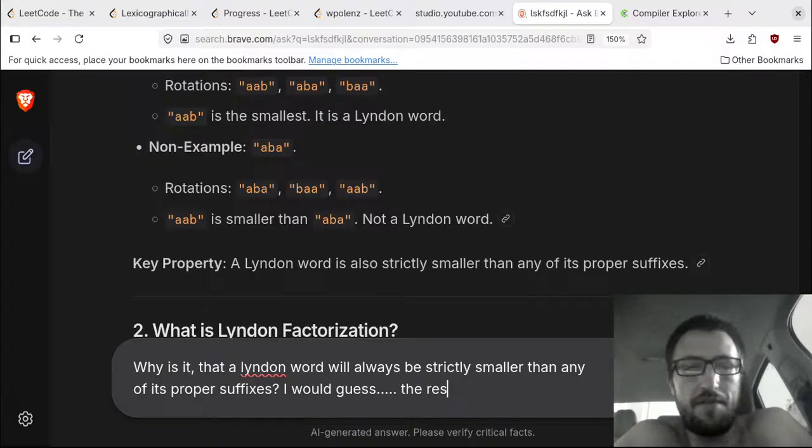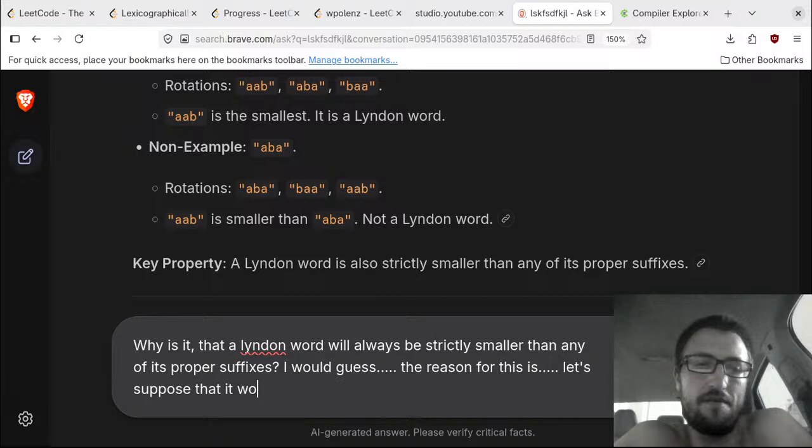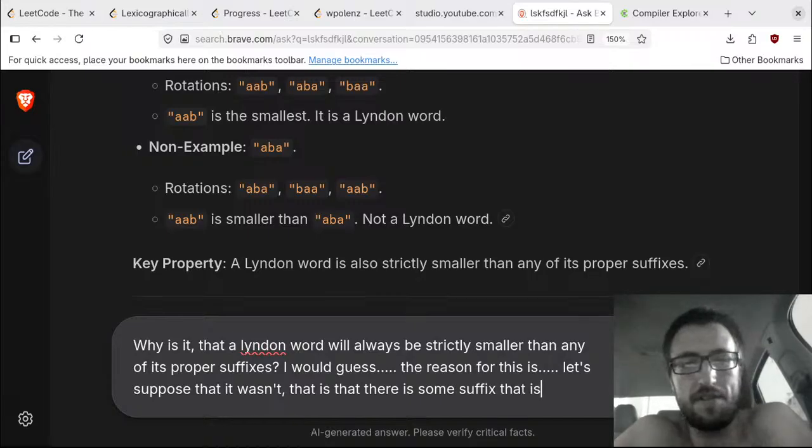I would guess the reason for this is, let's suppose it wasn't. That is, that there is some suffix that is lexicographically smaller.